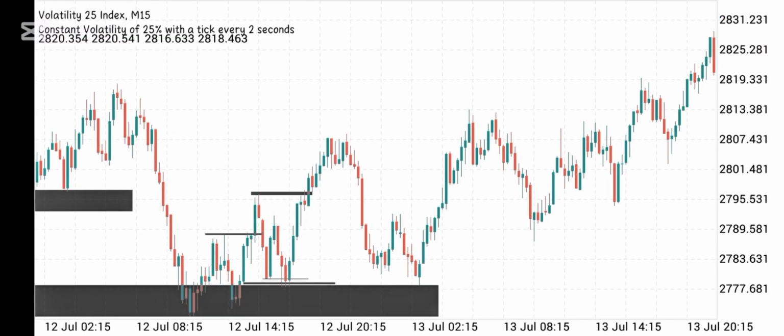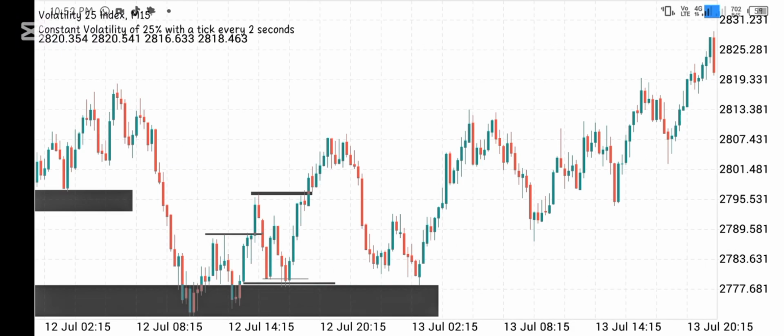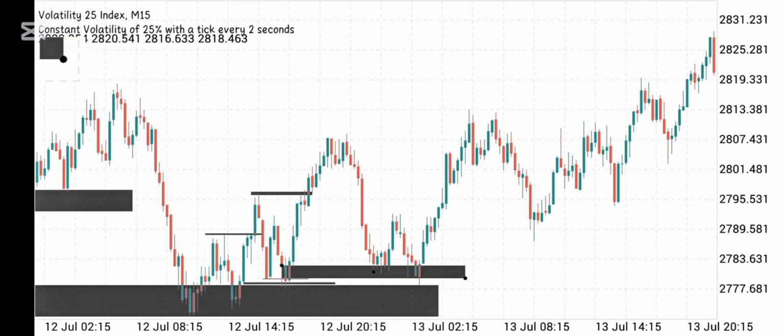So when we had it, now start paying attention. If you have a mind that is actually paying attention to what is happening on the chart, you find out that there is something spectacular here. So the market came back into this particular order block. But now if you draw your attention properly, you will find that there is a liquidity that was being raided.